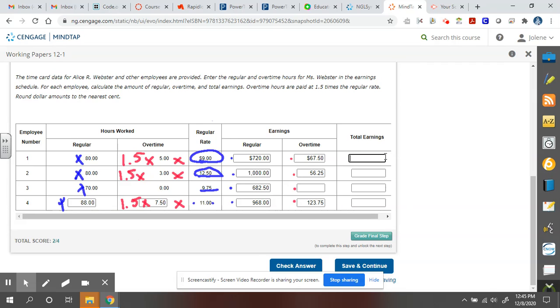Okay, now I'm going to show you a little something here too. Make sure you understand this. Overtime. You take the rate. Okay, so for this first one, it's $9 regular rate.